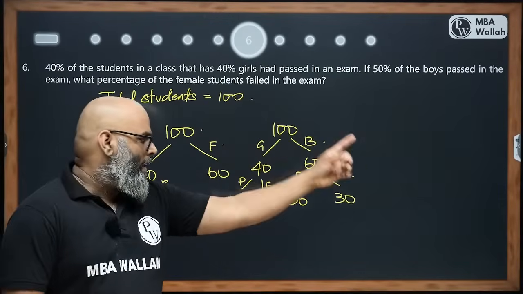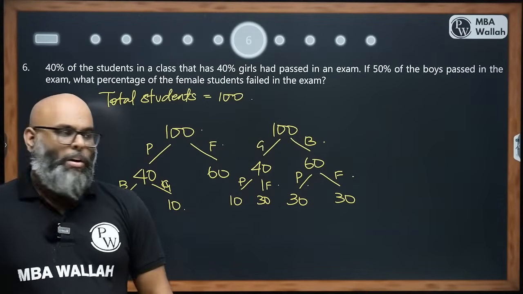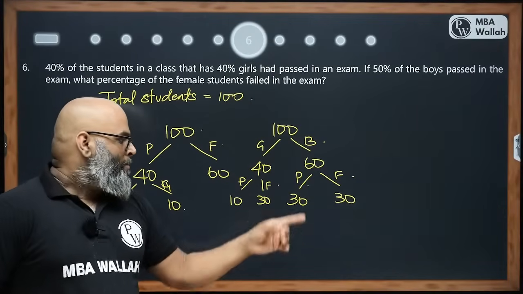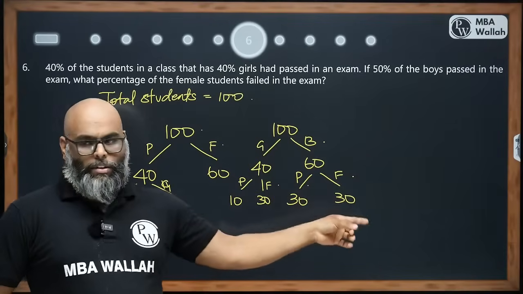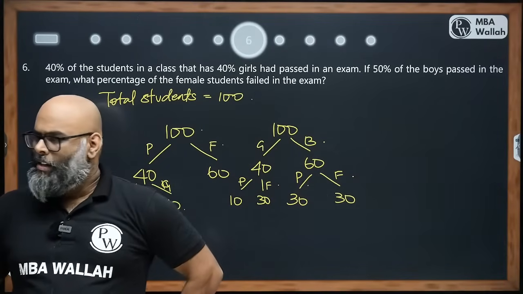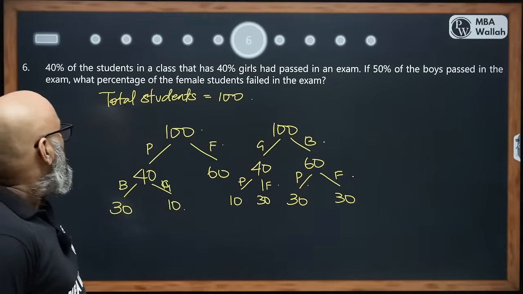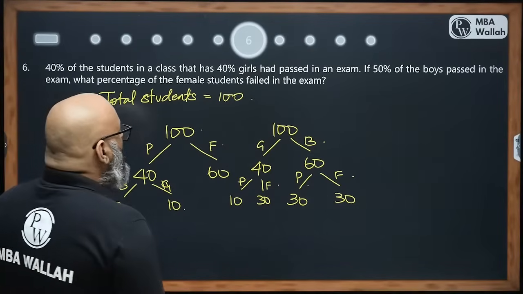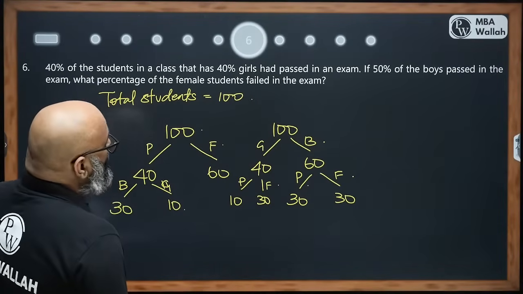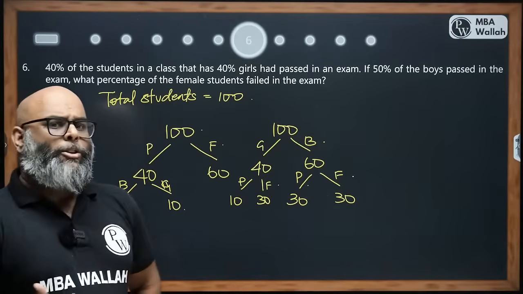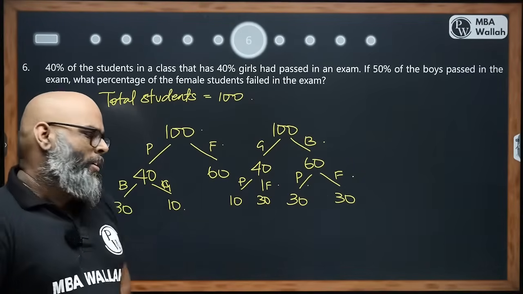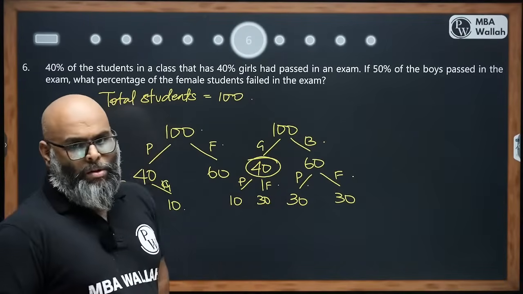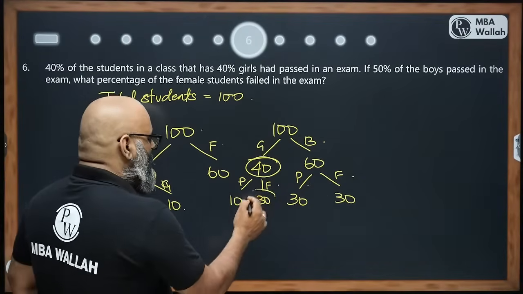So do we have everything that we need here? There were 40 girls, 10 of them passed, 30 of them failed. There are 60 boys, 30 passed, 30 failed. Yes. What is the question? What percentage of the female students failed in the exam? Out of the female students, how many of them failed? There are 40 of them sitting here, out of which 30 of them have failed.